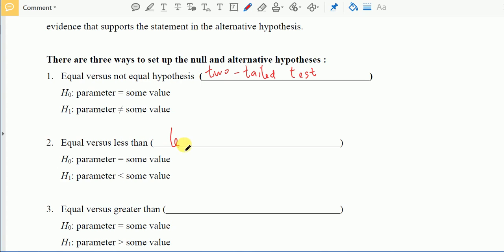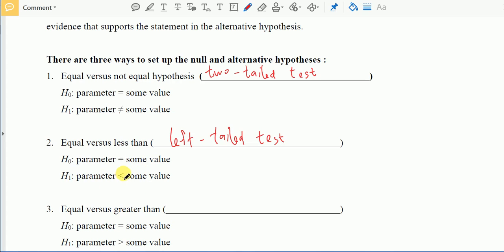Or you can have something called the left tail test. The left tail test suggests that we have a null hypothesis that a parameter equals some value. Now you suggest the alternative hypothesis that the parameter is less than the given value.